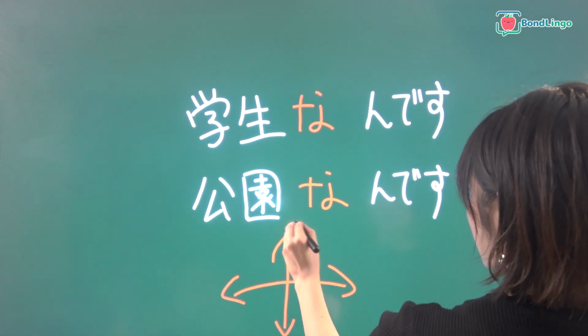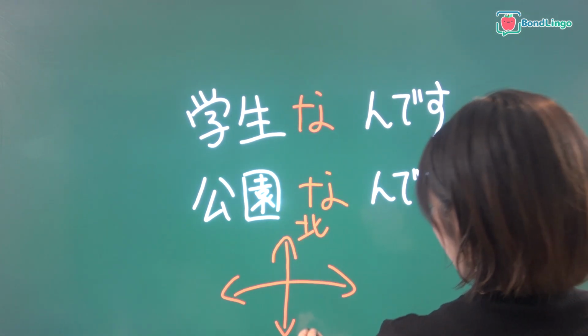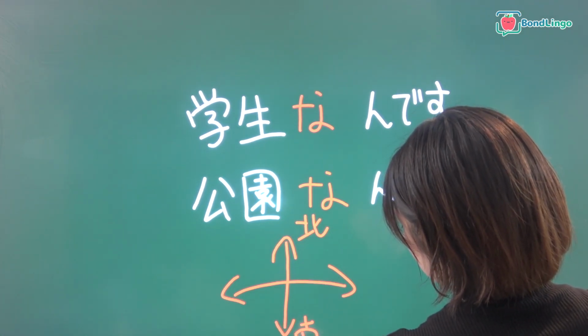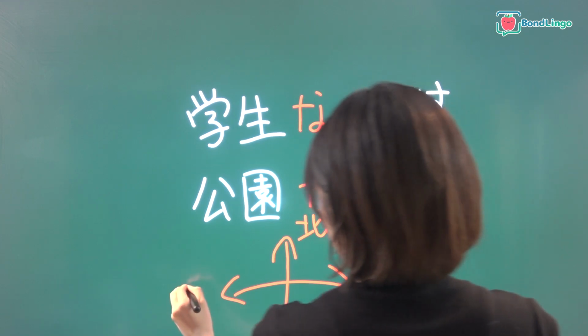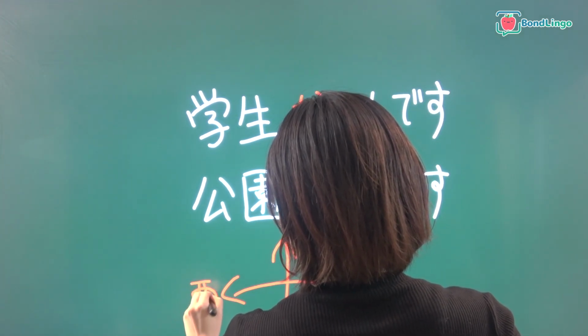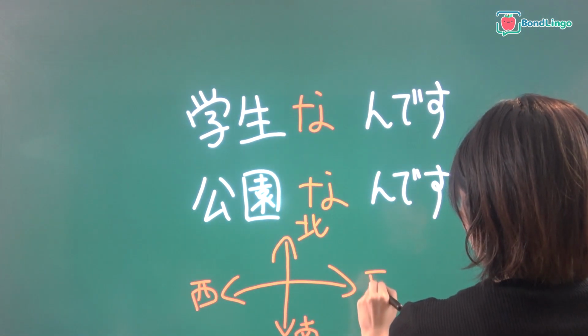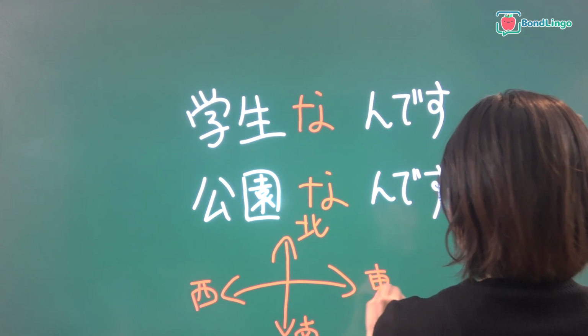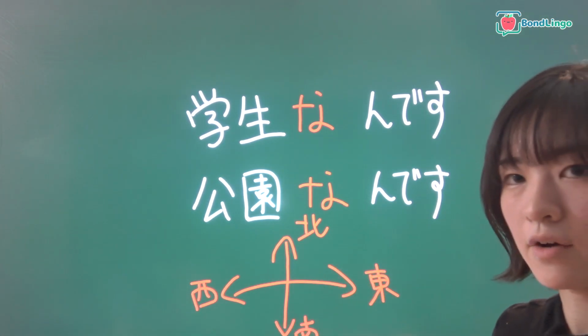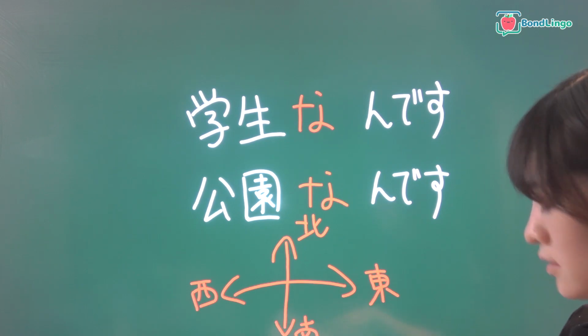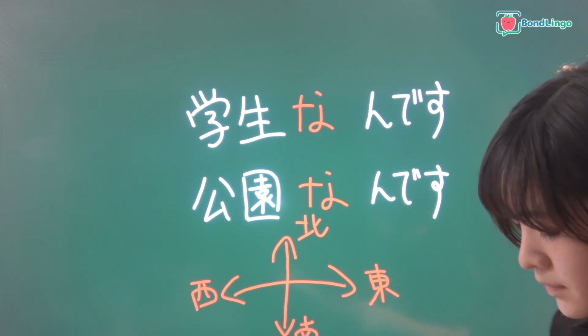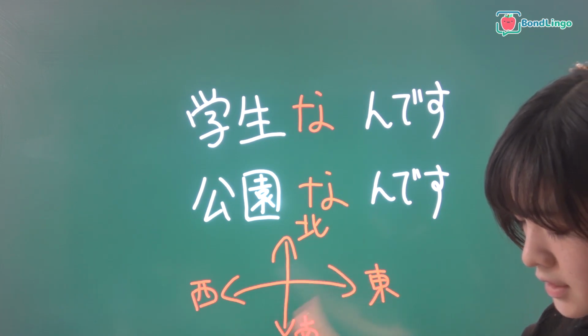Okay, so 北、南、西、東. Okay, north, south, east, west. West, east. 北、南、東、西.